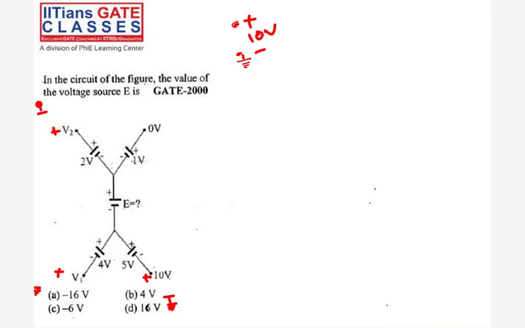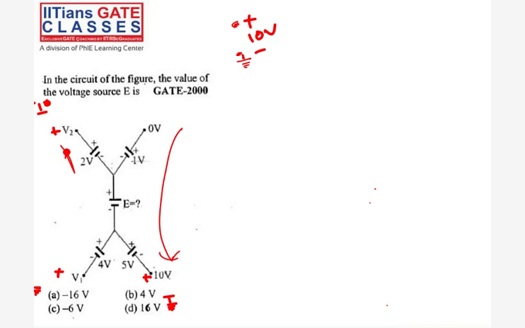So if I take this loop, I can consider any one of the loops. I'm considering this loop because all the voltages in this loop are known except for E. I want to find the value of E.